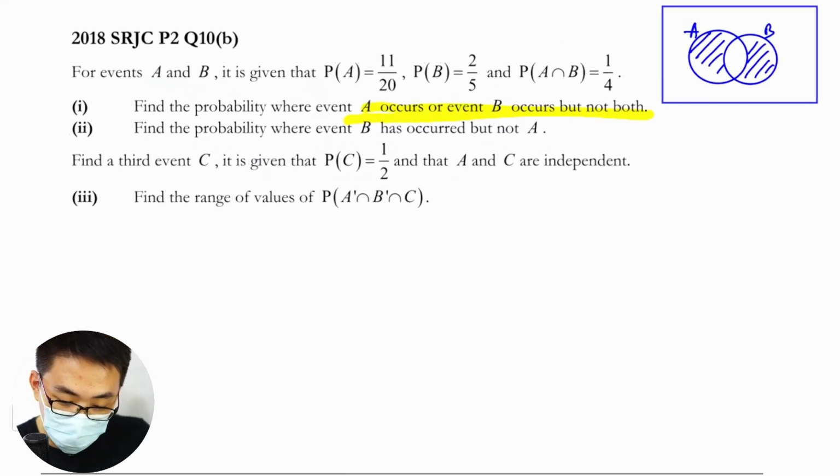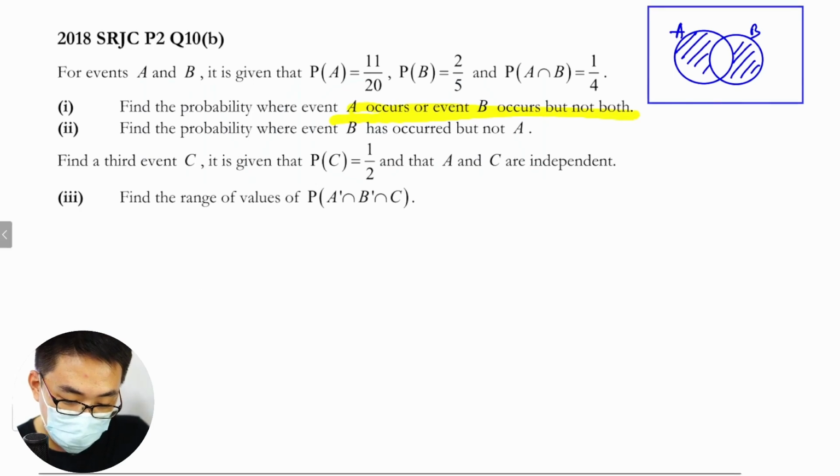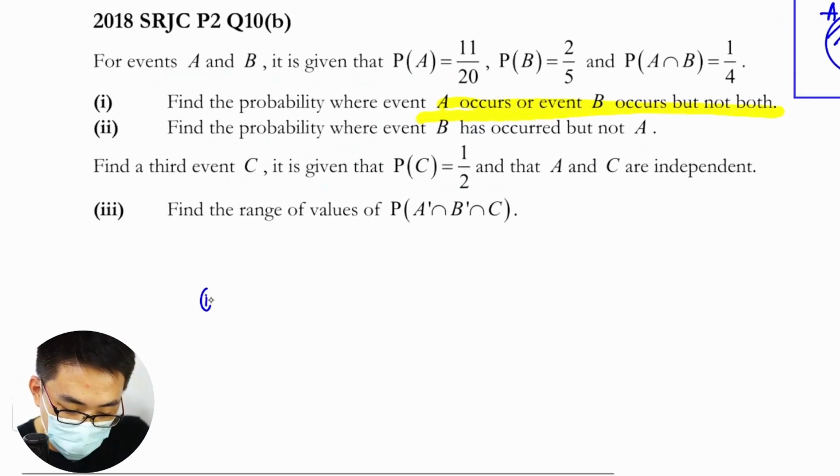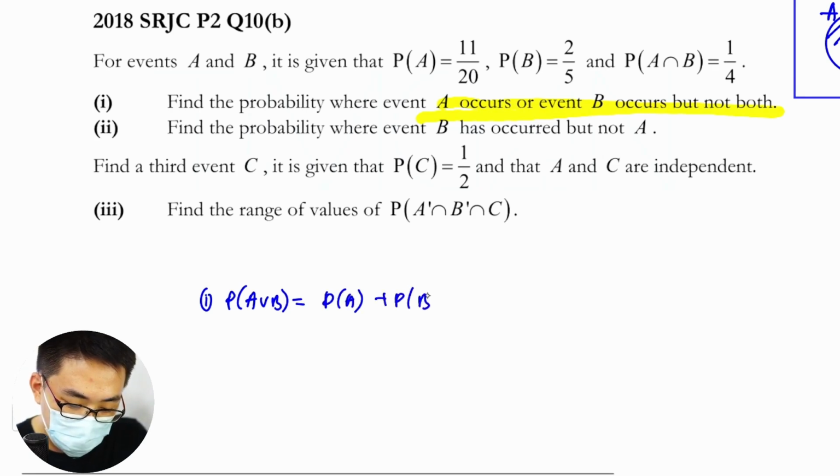So what we do is we just take P(A union B), which is actually P(A) plus P(B) minus P(A intersect B). Just find this.